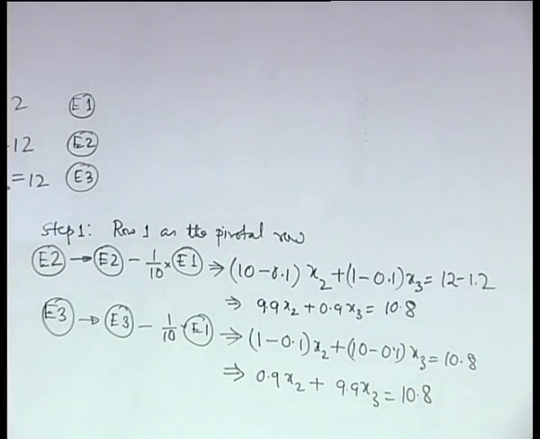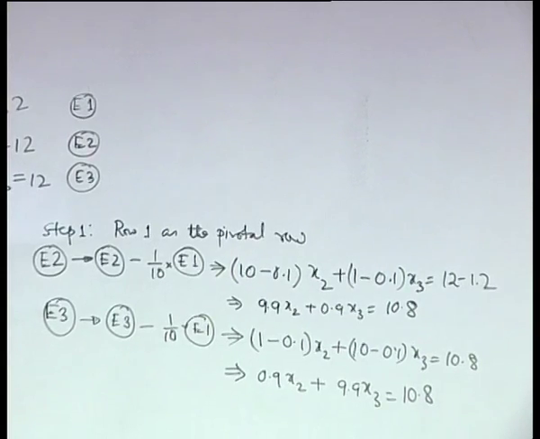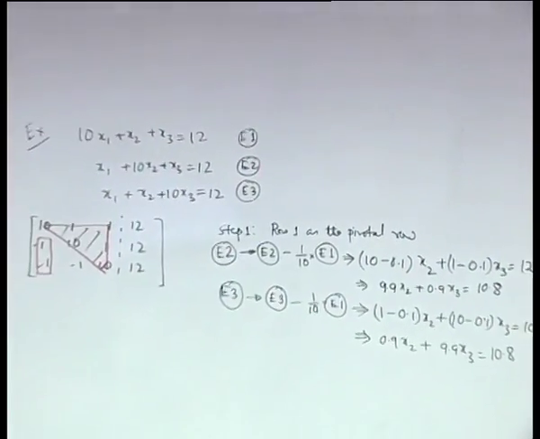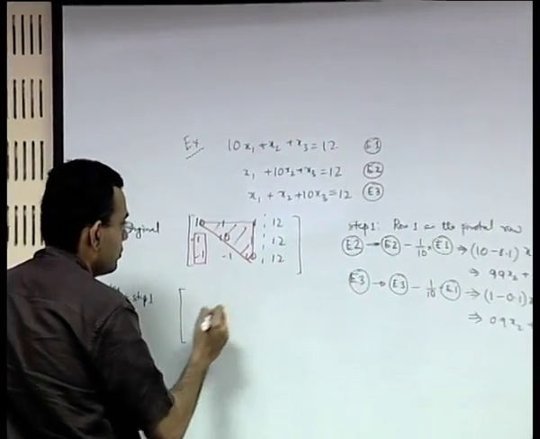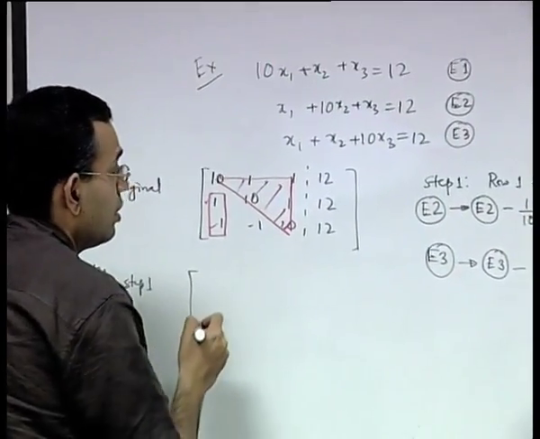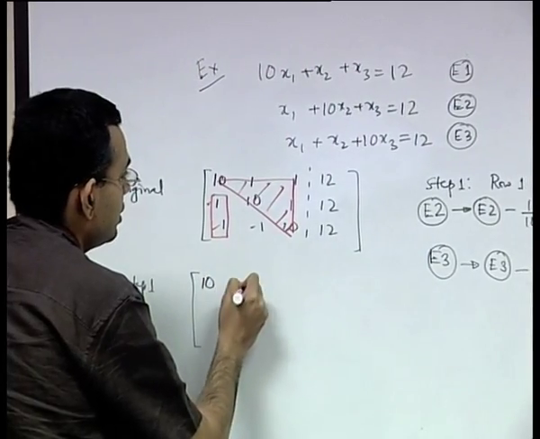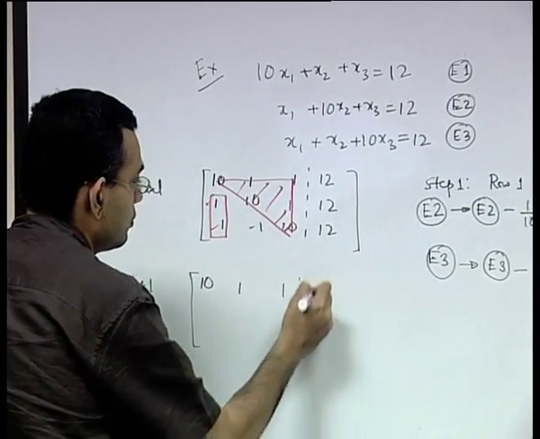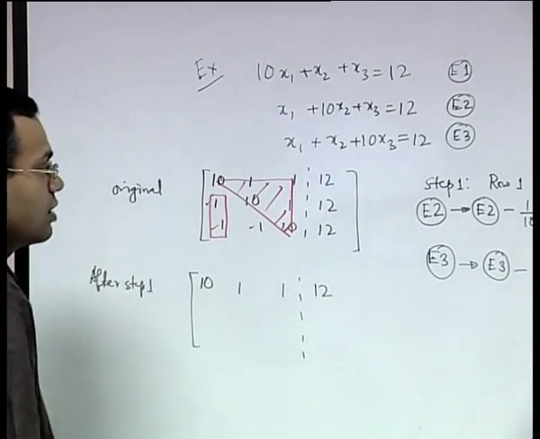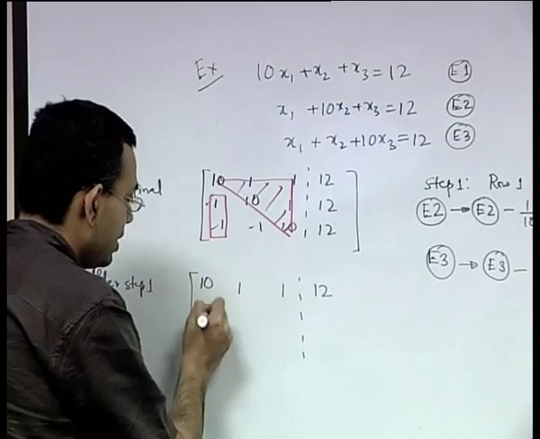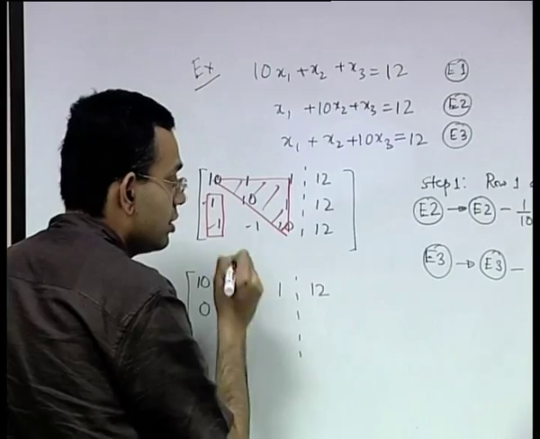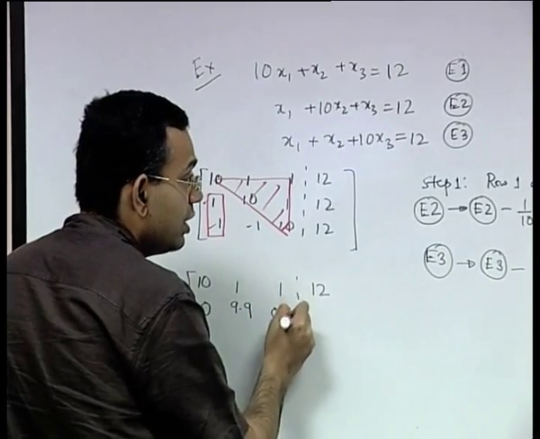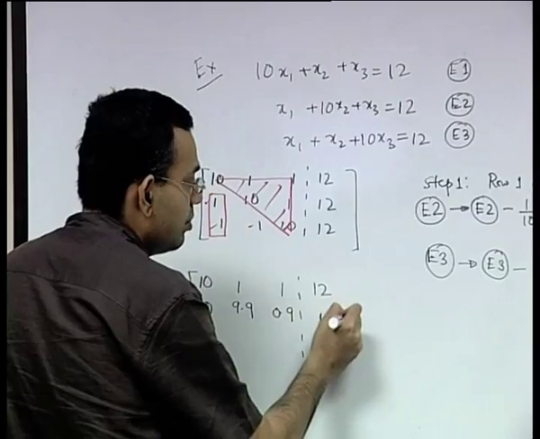So, what is the corresponding matrix form? This is the original matrix form. Then after step 1, the first row remains unchanged. In the second row, the coefficient of x1 has become 0, the coefficient of x2 is 9.9, the coefficient of x3 is 0.9, and the right hand side is 10.8.